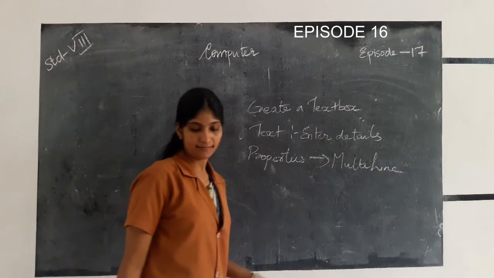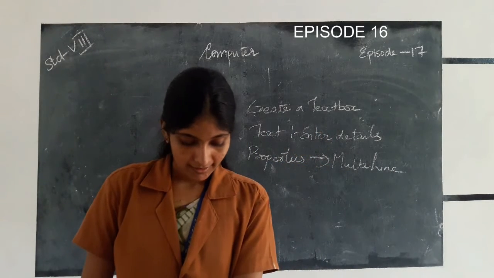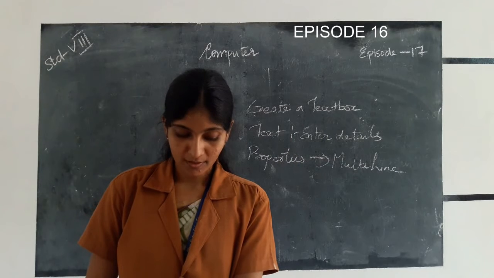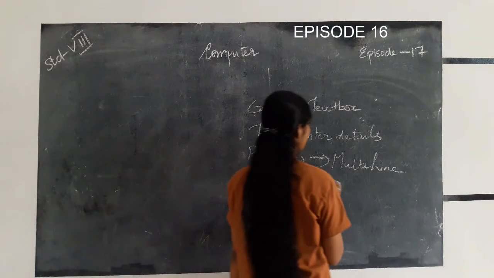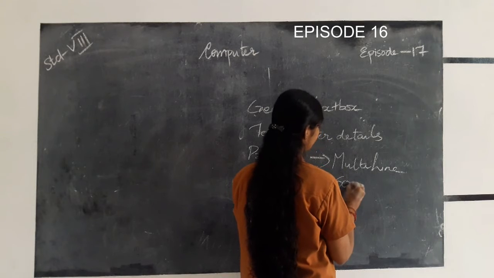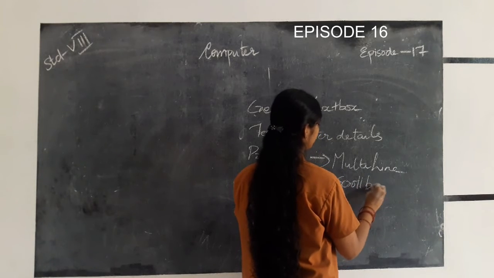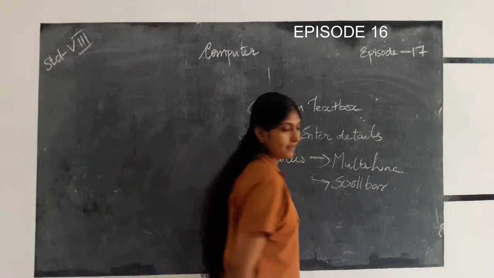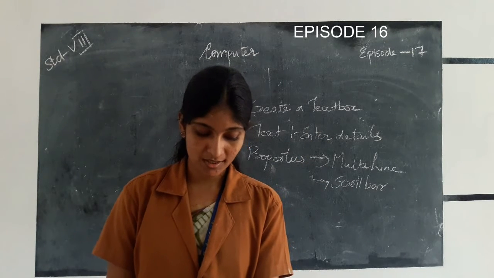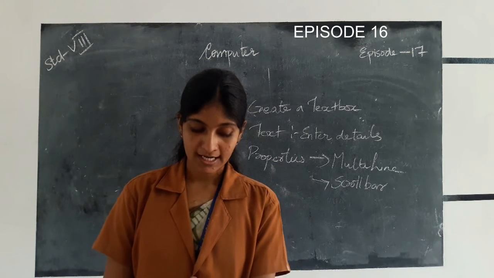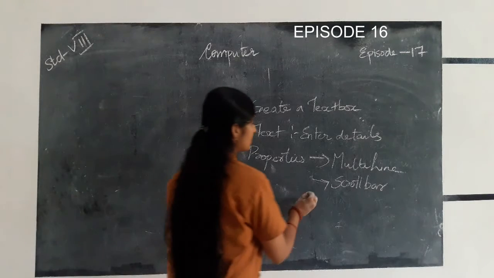Then next, both scroll bars, horizontal and vertical. So another property is scroll bar. Then next, the background of it should be light yellow. The next property, background.